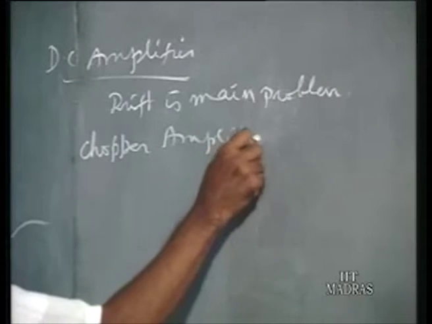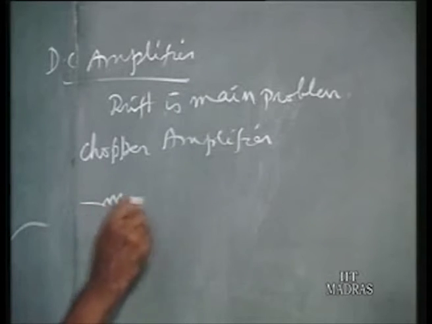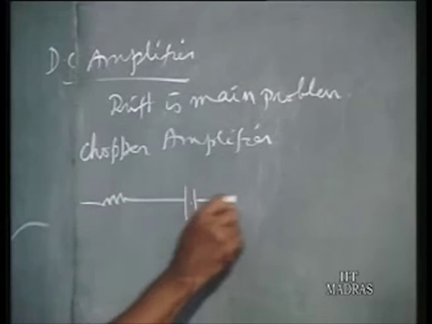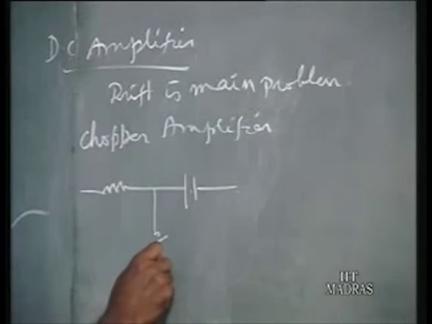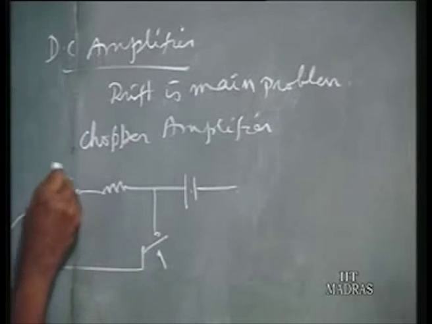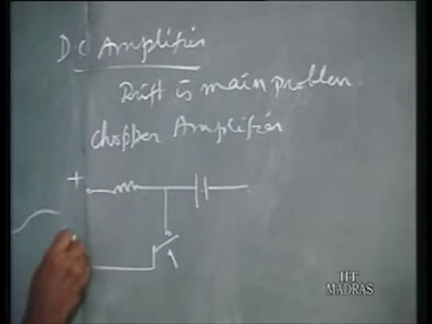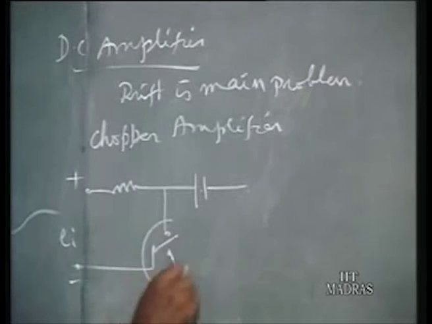The chopper amplifier for amplifying the DC signal is somewhat like this. So this is plus and minus EI given here, and this is the chopper.